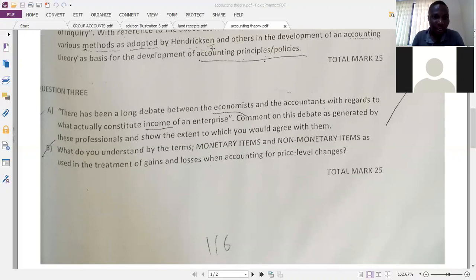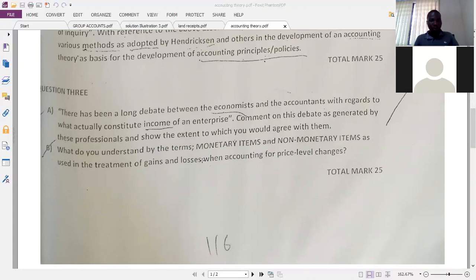I think the time is still going, okay, I'm left with 8 minutes here. So I can use the 8 minutes to finish this particular one, then you can go to another one. So when we talk about monetary items, this is basically what we mean, okay? But non-monetary items or non-monetary transactions, these are not fixed by contract, so prices of goods and services can affect them.